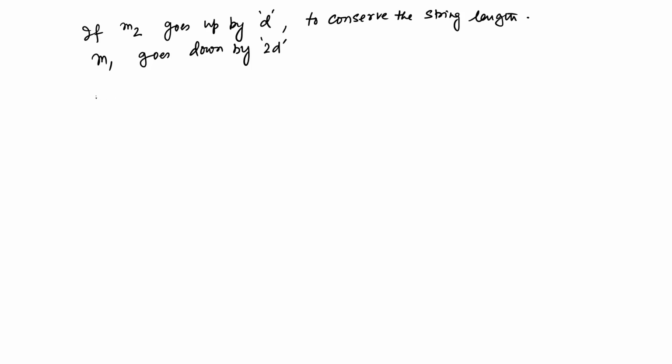For a general case, you do not need to talk about D or anything. Basically, the displacements of the two are related by y1 equal to minus 2 y2, where y1 is the displacement of m1 and y2 is the displacement of m2.